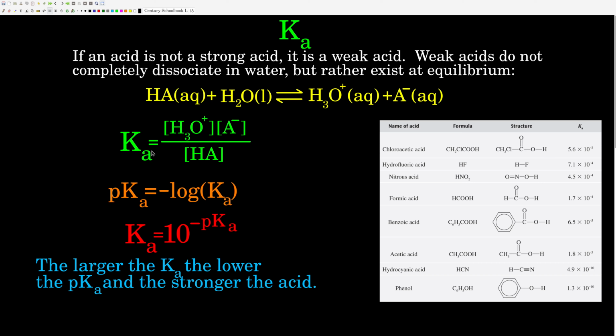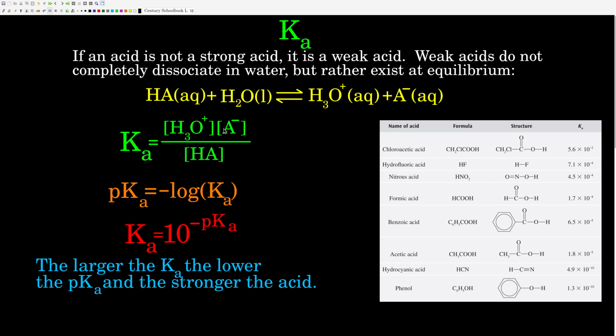Because if you look at this, the more hydronium ion or hydrogen ion there is at equilibrium, the stronger the acid. That means the numerator increases as we increase the concentration of hydronium ion, and because this is a 1-to-1 mole ratio, every one hydronium ion we make makes one of the conjugate base. So both of these increase as this equilibrium shifts farther and farther to the right.